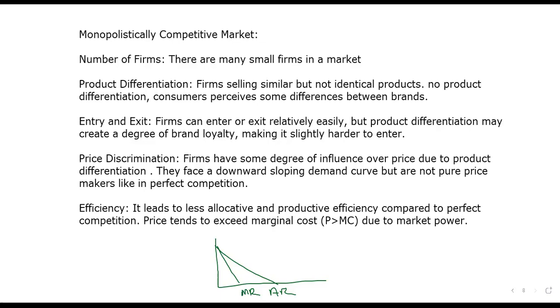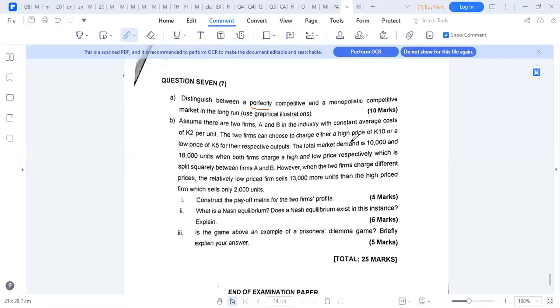All right, so now we go to the main question that I've been waiting for the next 5 minutes. We want to look at, assume that there are two firms, A and B, with a constant average cost of 2 kwacha per unit. Two firms choose either to charge a high price of 10 kwacha or a low price of 5 kwacha, respectively.